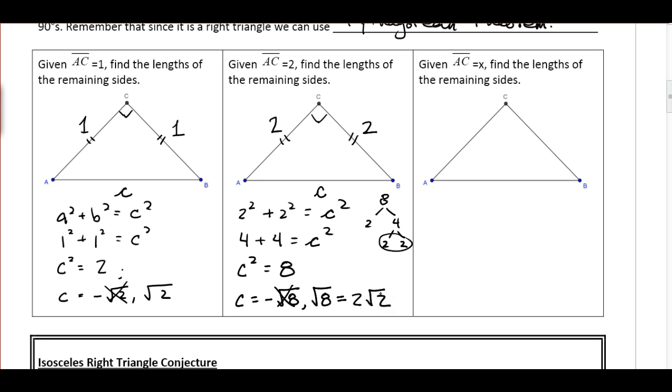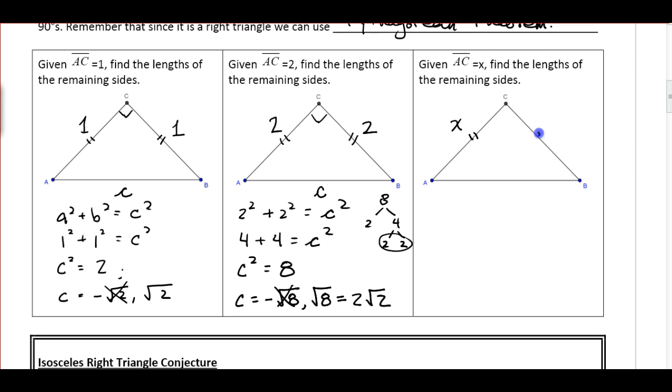Okay, so over here, our legs had a length of 1, and the hypotenuse turned out to be root 2. Over here, our legs had a length of 2, and our hypotenuse turned out to be 2 root 2. So hopefully you're seeing a pattern here. So now let's let AC be x. I'm going to let this side be x.